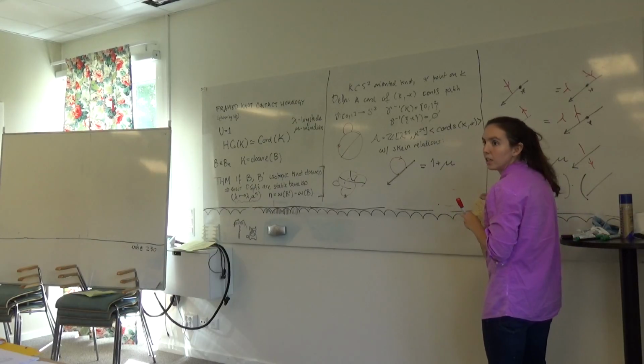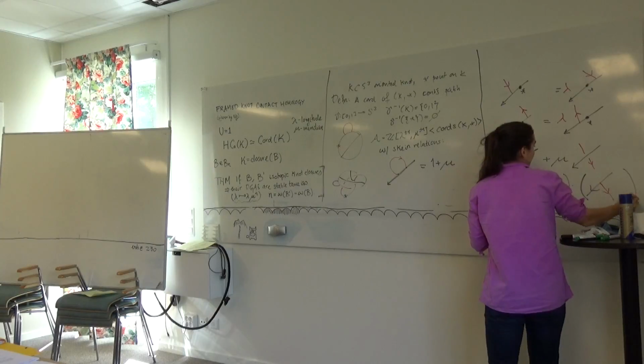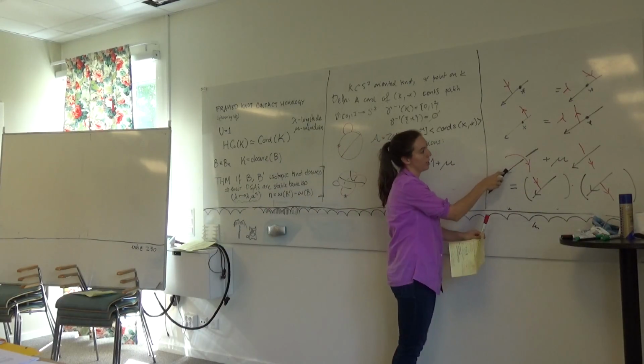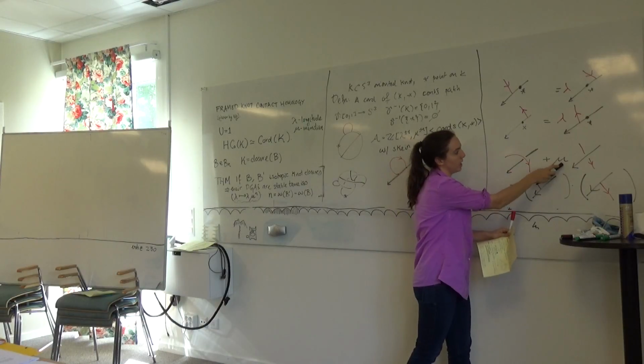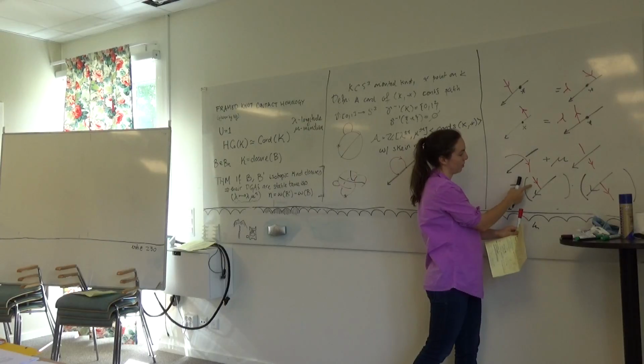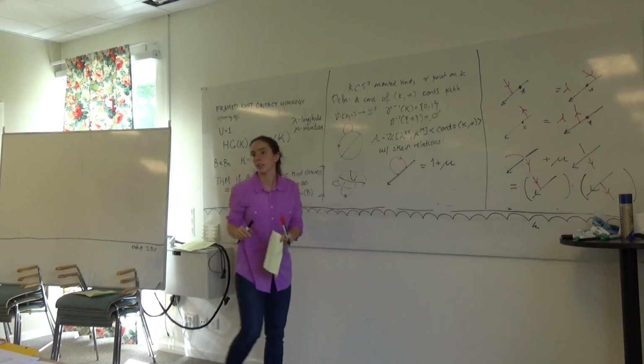Can everyone still see? So if I've got a chord that goes over the knot, then plus meridian times a chord going underneath the knot, that's the same as a chord ending at that strand or beginning at that strand.